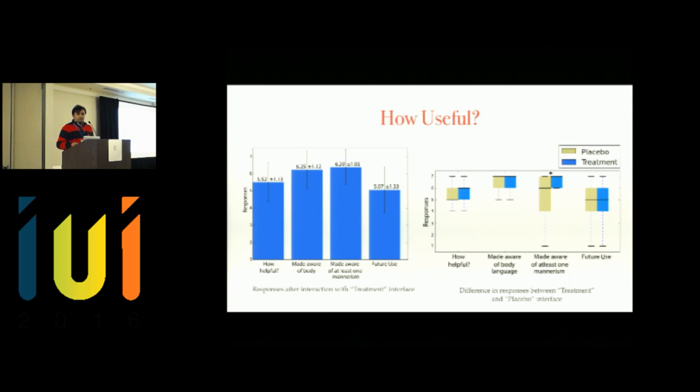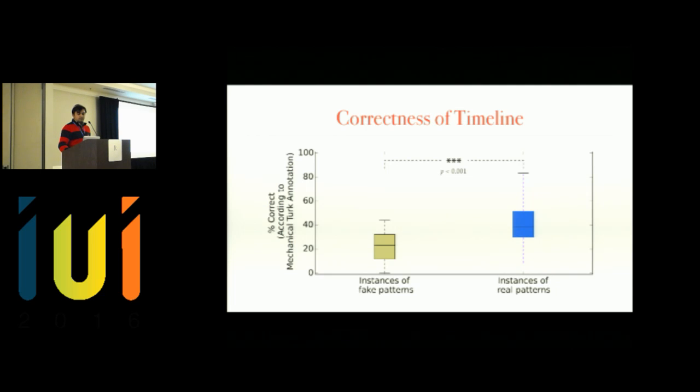Then we compared the placebo interface versus the treatment interface, and the difference in made them aware of at least one mannerism is significant. Others are not significant. Here is the correctness of the timeline; these are ratings from the Mechanical Turk workers.